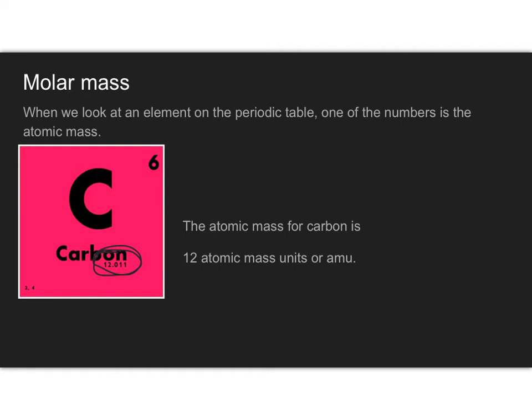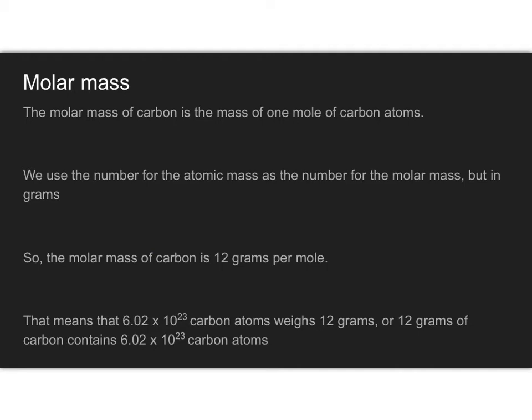And so what we do is we say that the number for the atomic mass is the number of grams that 1 mole of those atoms or molecules would weigh. In the case of carbon, the atomic mass is 12 AMU. But the molar mass, the amount of grams that 1 mole of carbon atoms would weigh, is 12 grams.